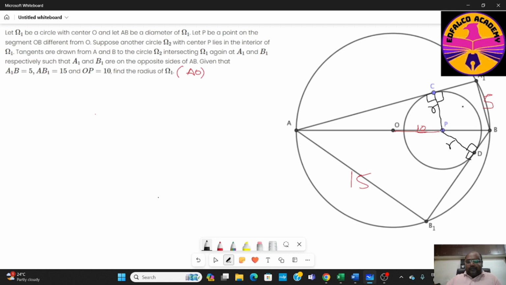Now another thing that we can also, if you remember from your ninth standard, that if suppose there is a circle and you are making a triangle inside the circle such that one of the sides of the triangle is the diameter of the circle, then if the third point is on the circle, that will be subtending an angle of 90 degrees.